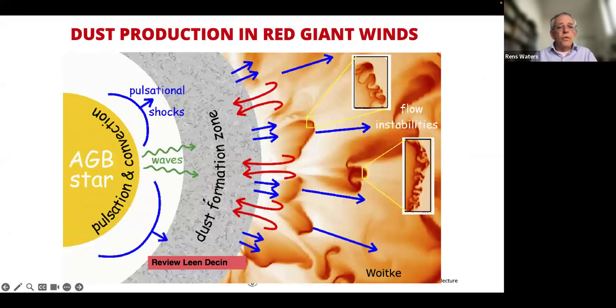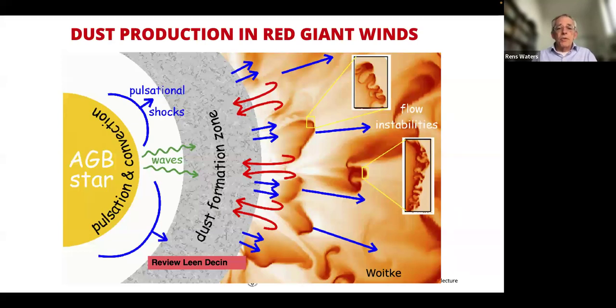So if we zoom into evolved stars, asymptotic giant branch stars, as dust formation sites, you can think of those stars as very extended, very cool objects that are pulsating, and through their pulsations they eject matter into interstellar space through a very slow, dense wind. Because of the densities and temperatures in the outer regions of the envelopes of these evolved red giant stars, atoms and molecules can actually go from the gas phase into the solid phase.